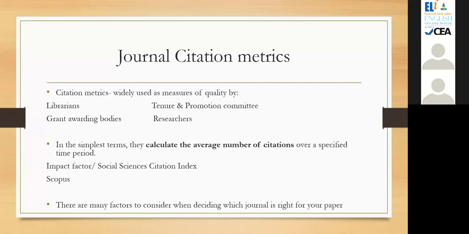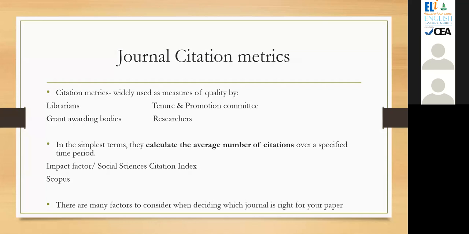Some of them we call ISI journals, and some of them we call Scopus. All of them depend on the average number of citations. Sometimes the difference is the period of time they calculate over, but all of them depend on the average number of citations.